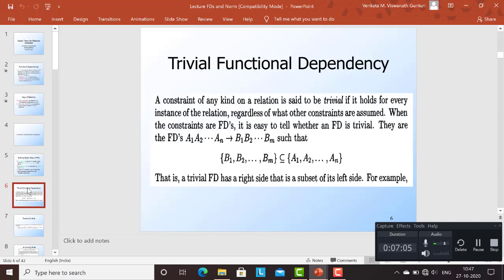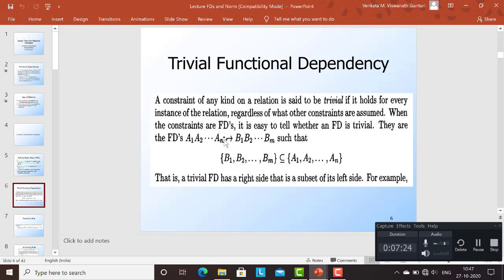Okay, next rule. This is called the trivial functional dependency. Here I'm just taking a snapshot from your textbook because it's so nicely written there. It says that in any relation, we have FDs of the following form.